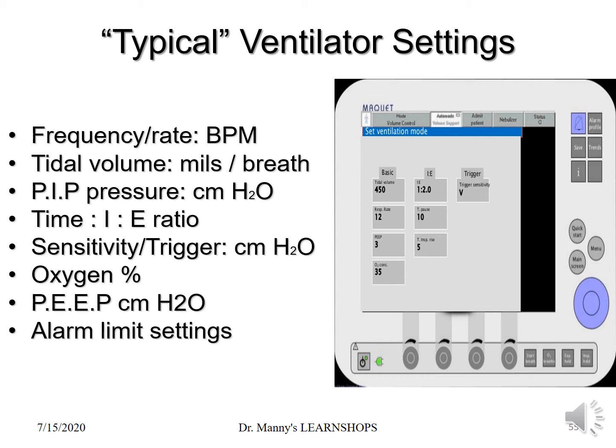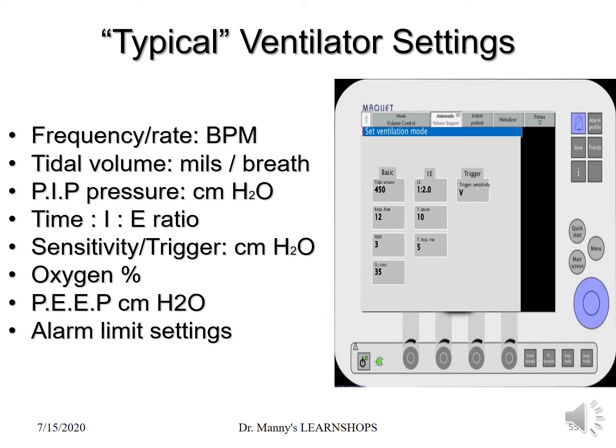What then are some typical ventilator settings? Now remember, there's no normal. It depends on the ventilator, it depends on the patient, it depends on their condition, and it depends on the intensivist or the person who's responsible for setting the ventilator settings, their preferences.